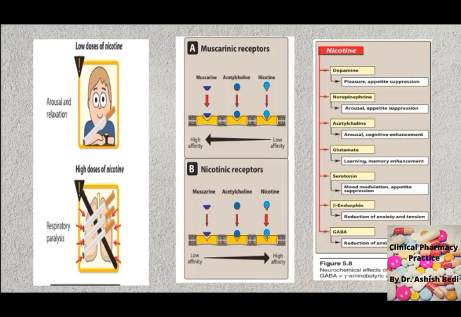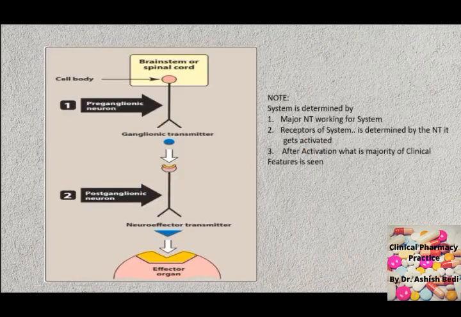Okay. Now, the problem with the ANS pharmacology is that it often confuses us with lots of receptors, and because of the receptors, lots of neurotransmitters we listen and lots of clinical features we study, and it confuses us a lot. Even I was confused when I was a student, but later on I understood the basic concept behind that.